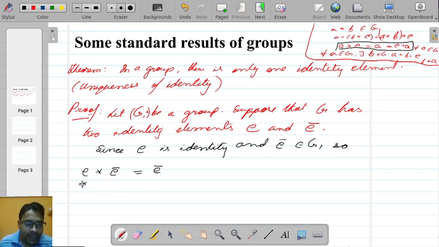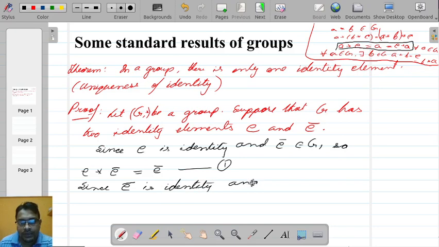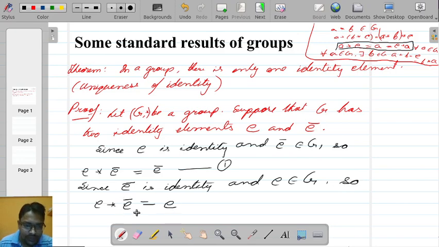You can denote this as 1. And since E bar is identity, in the next step I consider E bar as identity, and E belongs to G. So E star E bar, by that definition, is also equal to E, because here I have considered E bar as identity.